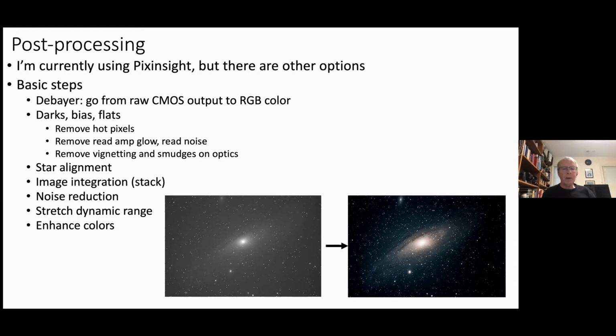Then you can enhance the color levels. This is an example of Andromeda: the raw image where I've done some stretching of the dynamic range that came out of the camera, and then this is after I do the stacking and stretching and various other things. You get a much better picture after you do all of those things.